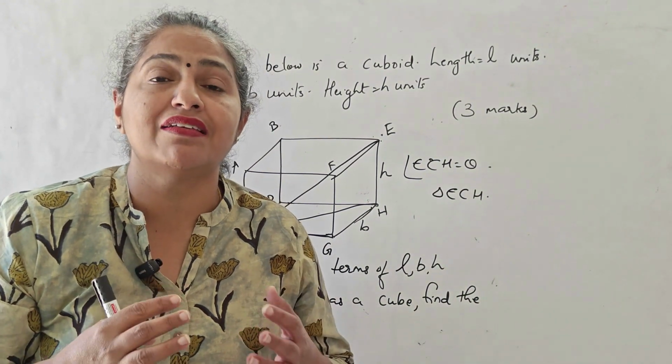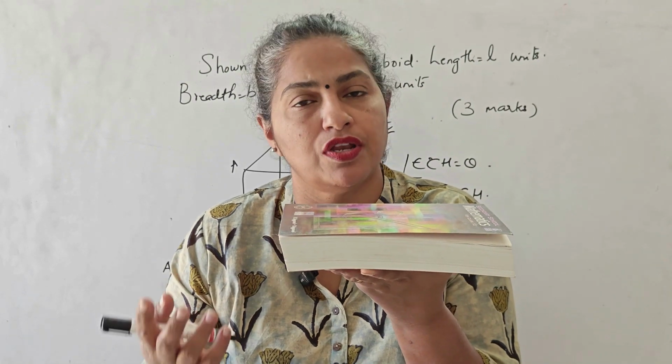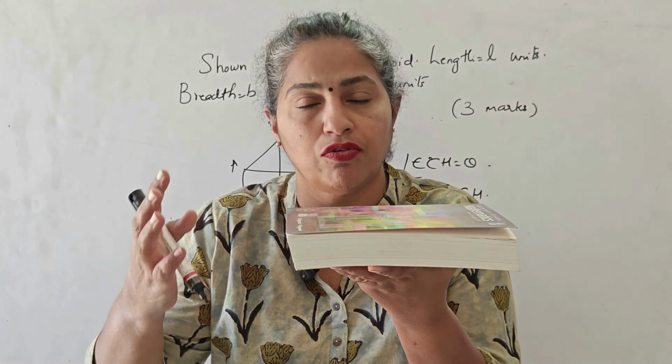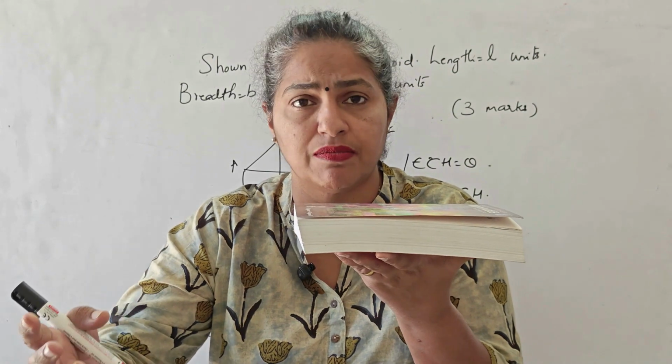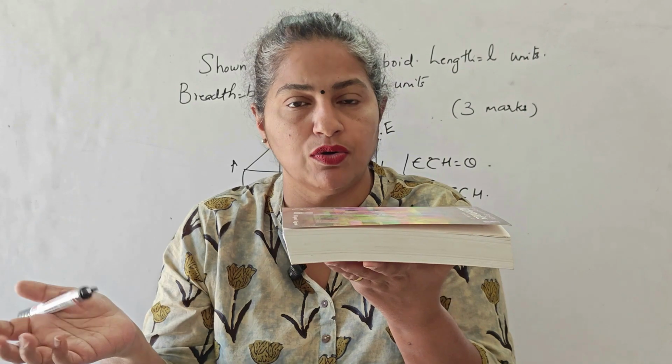So why do I say it is a right angle triangle? This is a cuboid. Your normal textbook or your reference book or your notebook, all of those are cuboids. Even the instrument box or the pencil box that you use can be compared to a cuboid.